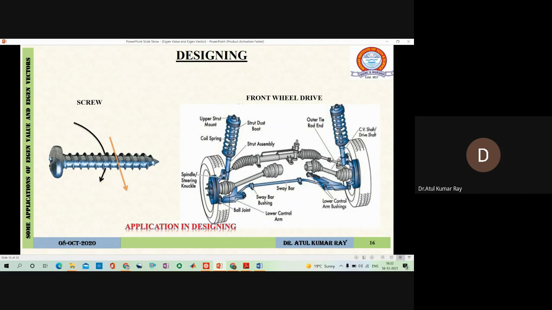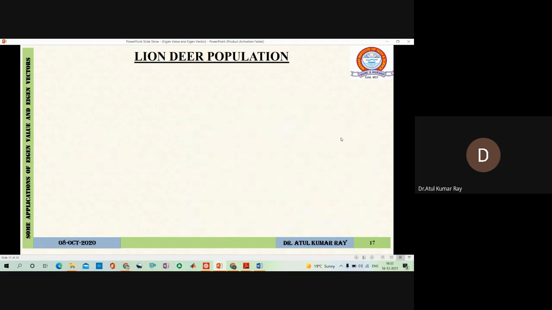So when we apply the brake, the things you see in the spherical types help in restricting the motion of the wheel. So this is just one application.